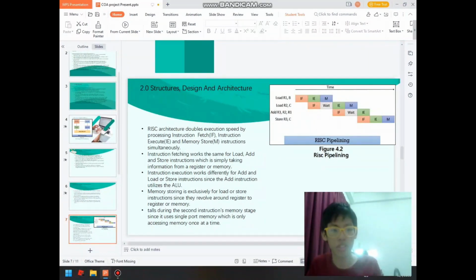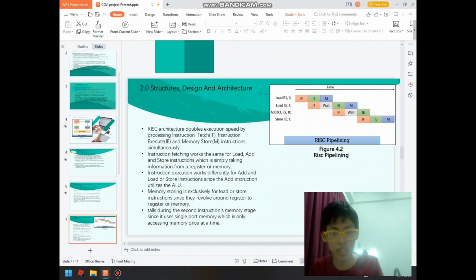It's simple logic. Instruction fetching essentially works the same for load, add, and store instructions, which is simply taking information from a register or memory. Very self-explanatory. And instruction execution works differently for add and load or store instructions, since the add instruction utilizes the ALU. So IE is not the same for all.